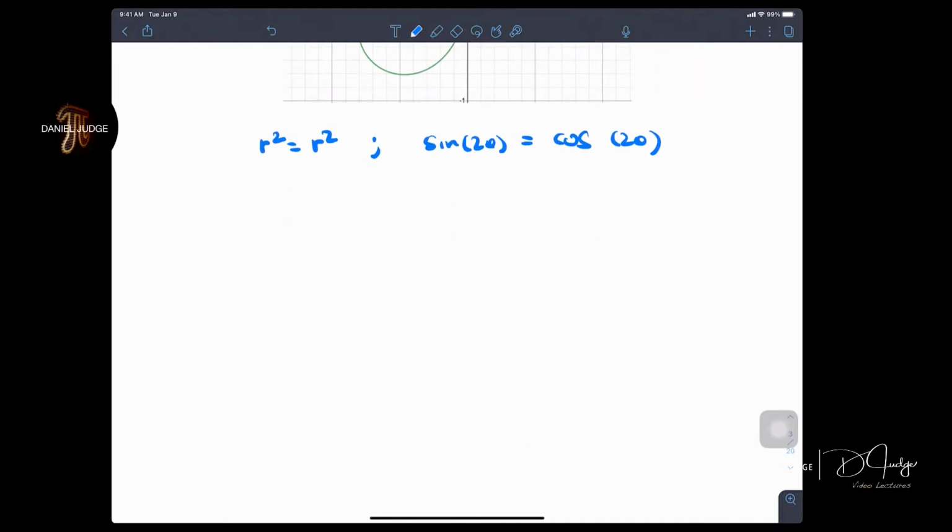And divide both sides by cosine 2 theta. We'll get tangent 2 theta is 1.